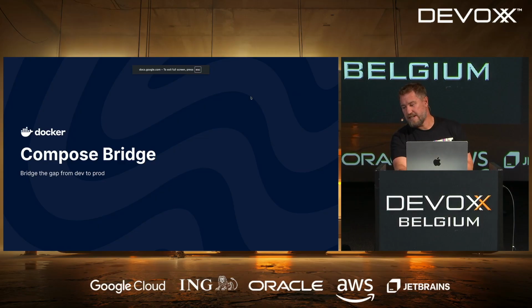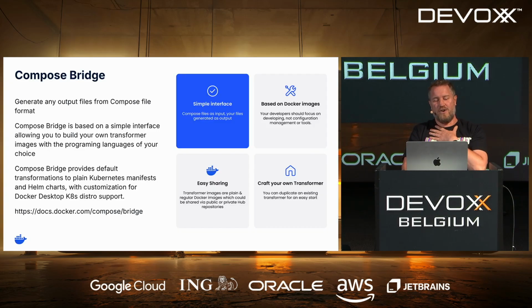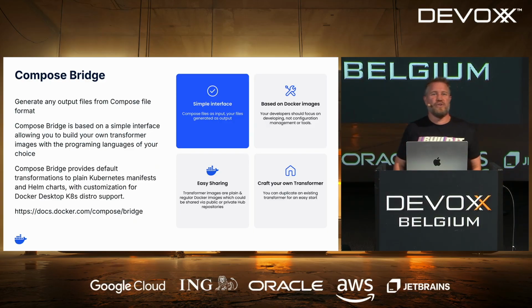So Compose Bridge. I won't spend too much time on it because we already have done some presentations of that product. Who knows what it is? No? Oh, okay. So maybe I will spend a few minutes. Compose Bridge is a tool that allows you to generate any kind of output format from a Compose YAML file.